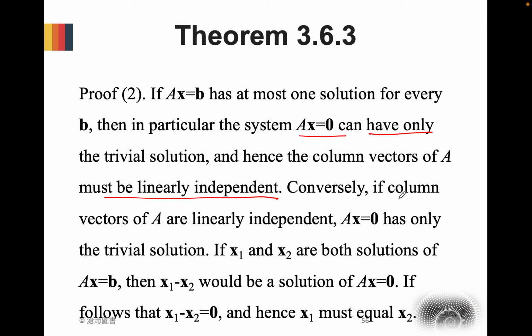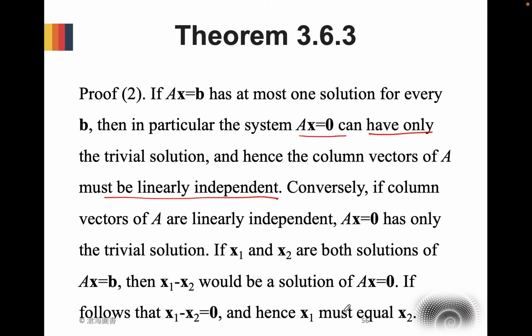And conversely, if the column vectors of A are linearly independent, Ax equals 0 has only the trivial solution. And if x1 and x2 are both solutions of Ax equals b, then x1 minus x2 would be a solution of Ax equals 0. That means x1 minus x2 must be the zero vector.